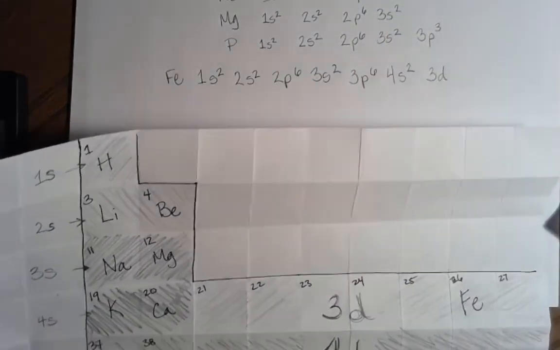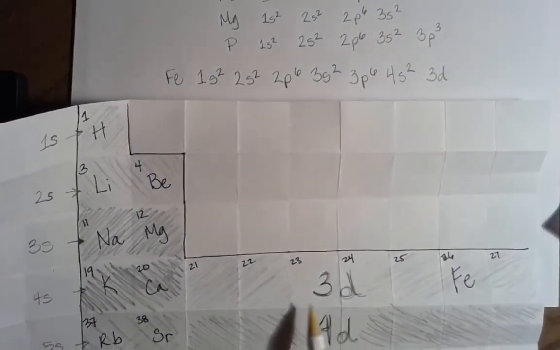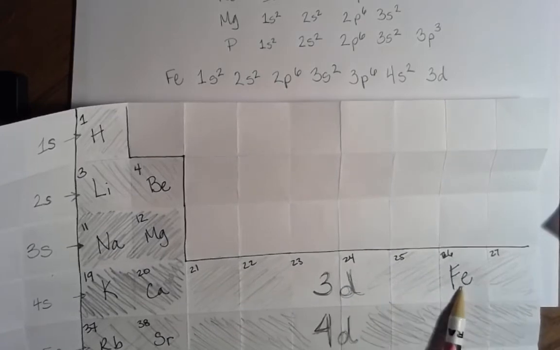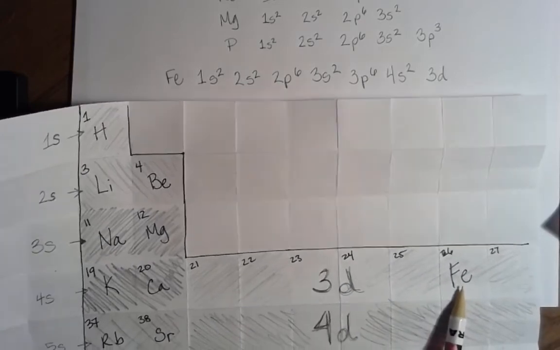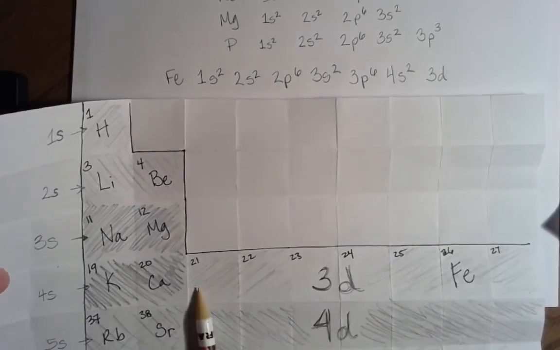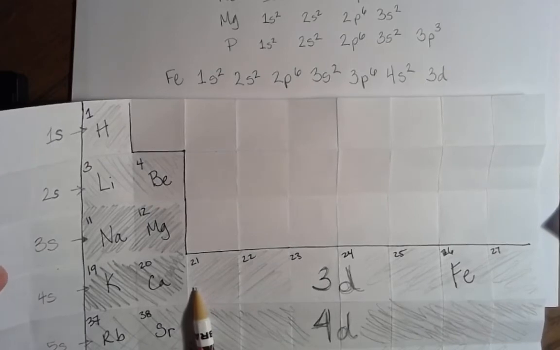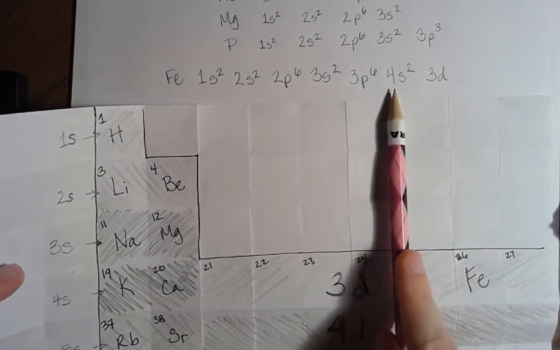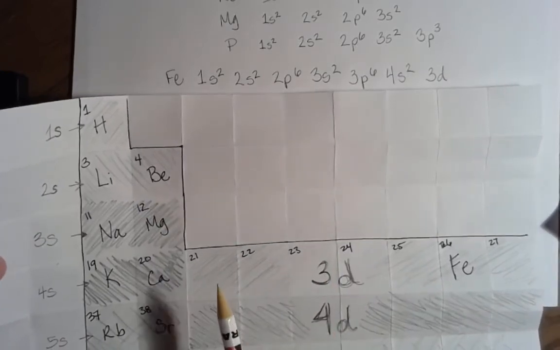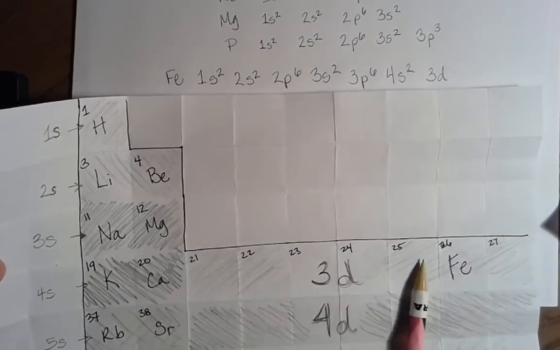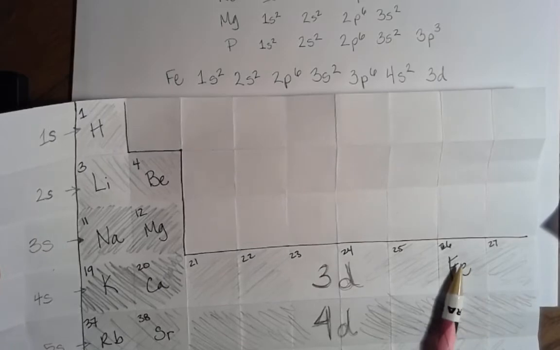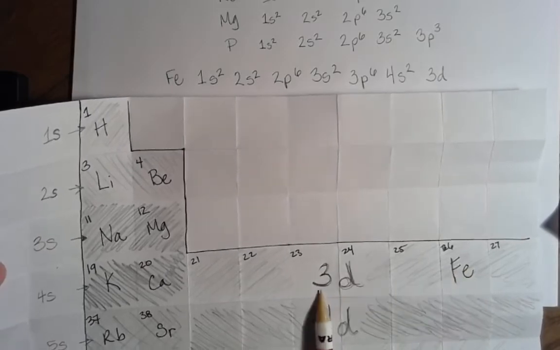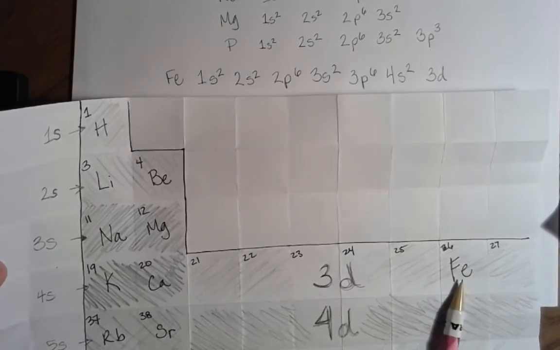And we want to know in the 3d how many electrons there are when we get to iron. So just like your board, start from the left. You're only looking at the 3d right now, okay? So you already put these 2 in the 4s over here. Now you're just looking at the 3d, and you've got 1, 2, 3, 4, 5, 6 electrons in your 3d orbital when we run into iron.